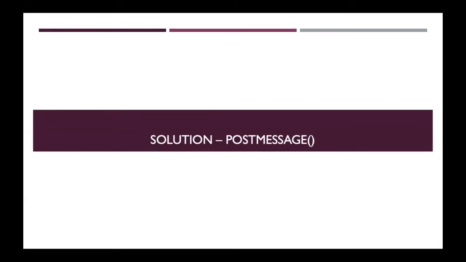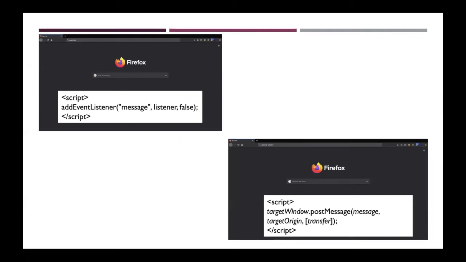To bypass this safely or securely, you can use postMessage to bypass the same origin policy. So how can you implement postMessage in your application? There are two main functions in postMessage: one is the event listener, and one is targetWindow.postMessage. You define the event listener in your main page, which continuously listens for the message shared by targetWindow.postMessage.